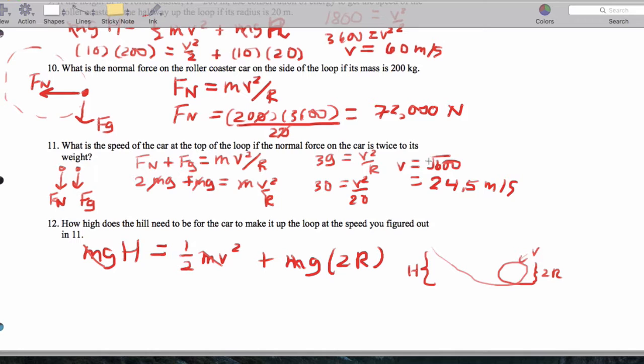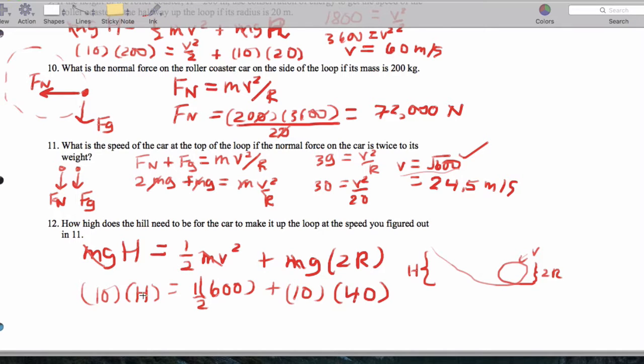Now I know that v squared is 600 from up here, so I can say 10 times h equals 1/2 times v squared, which is 600, plus 10 times 40. So working with this, I've got 10 times h is 300 plus 400. And so h is going to end up being 70 meters high.